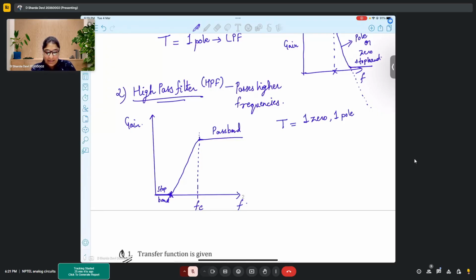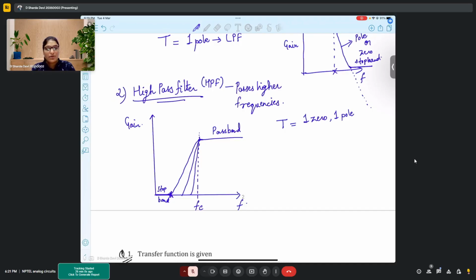And here also, to make an ideal high pass filter, we need to increase the order of the filter. And it is true for all the filters. As you want to have an ideal behavior from the filter, you need to increase the order. And as you start increasing the order, your system becomes bulkier.